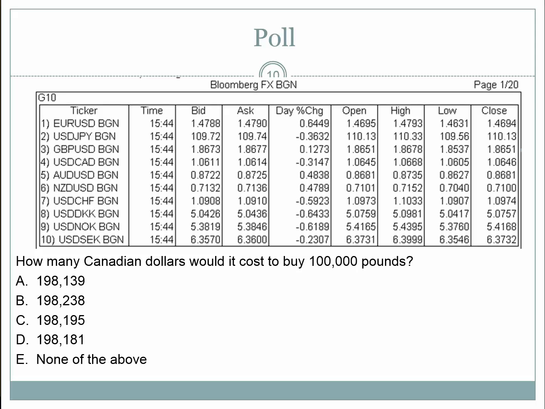So using that, just like when we talked about retail markets, when anyone faces a bid-ask market like this, even a financial institution, a large bank, they're always going to pay higher and receive less. So here's a problem that asks that if a financial institution knows it wants to exchange pounds, 100,000 pounds for Canadian dollars, they want to buy 100,000 pounds, and they ask, well, how many Canadian dollars is that going to cost me?